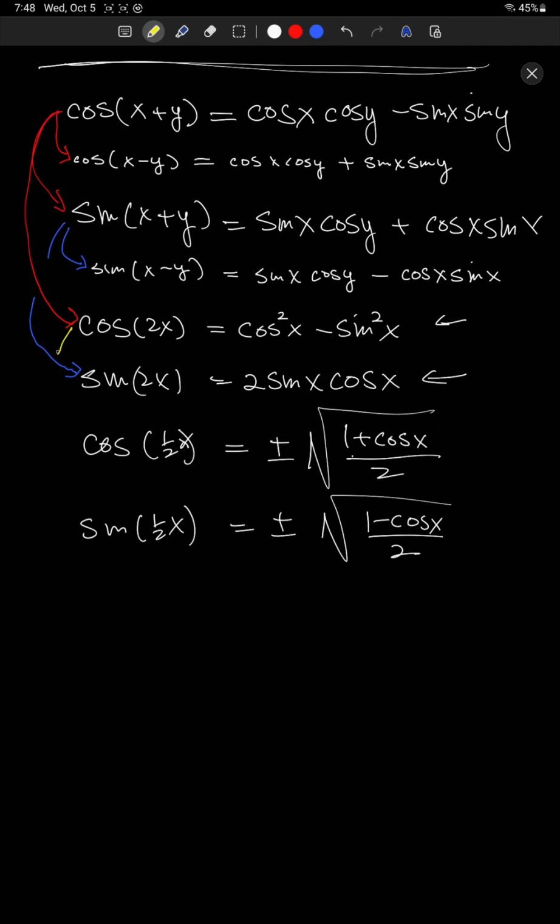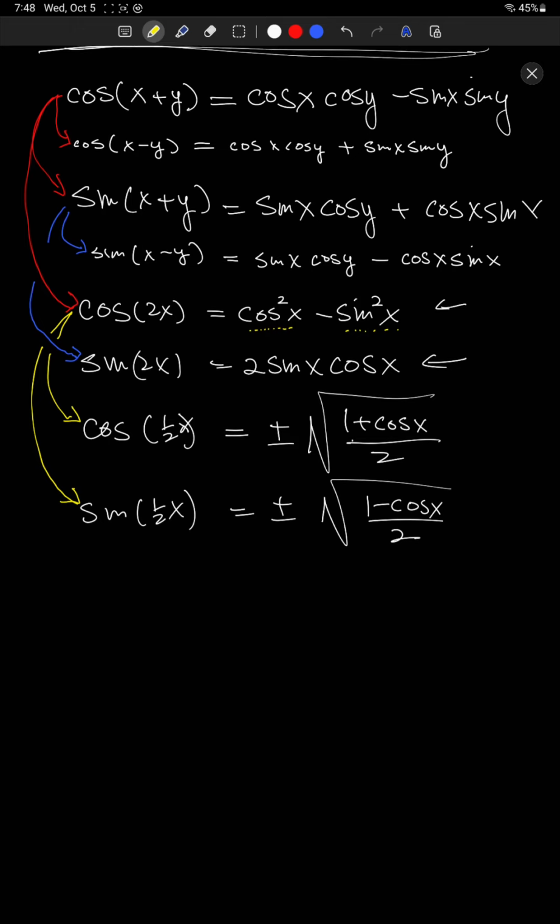The cosine 2x got you that one, and also got you that one, in combination with the fundamental identity, right? Where we convert cosine squared into 1 minus sine squared, or sine squared into 1 minus cosine squared, depending on which of the two half-angle identities you wanted.